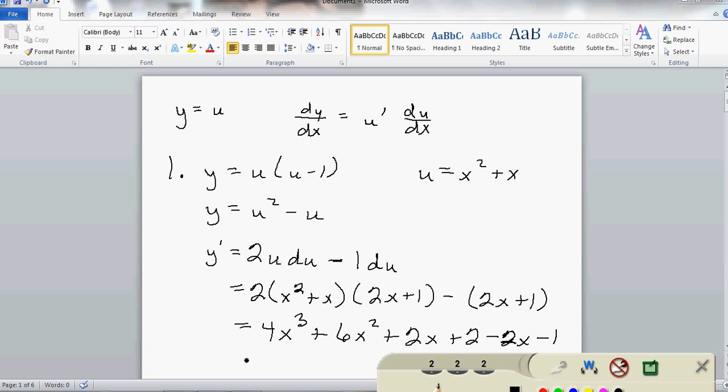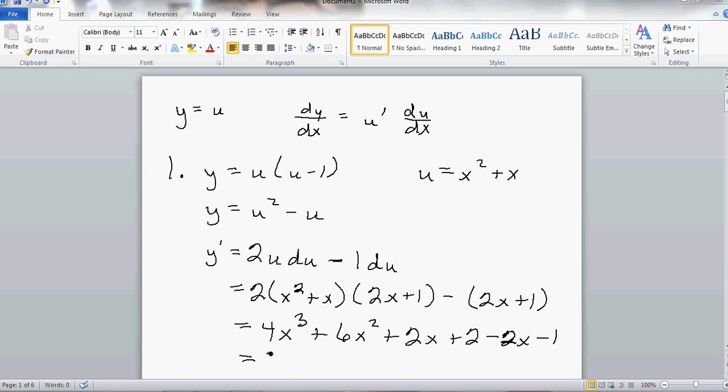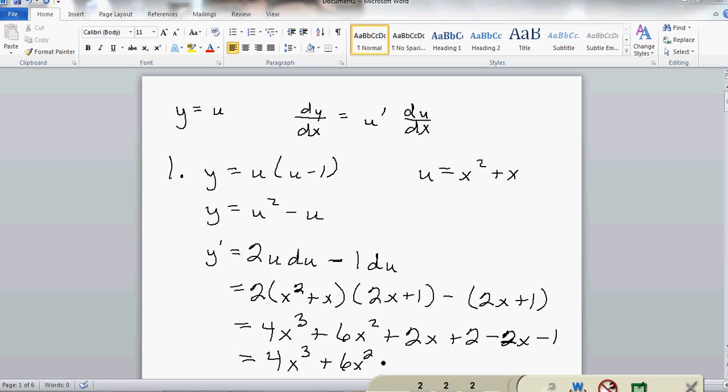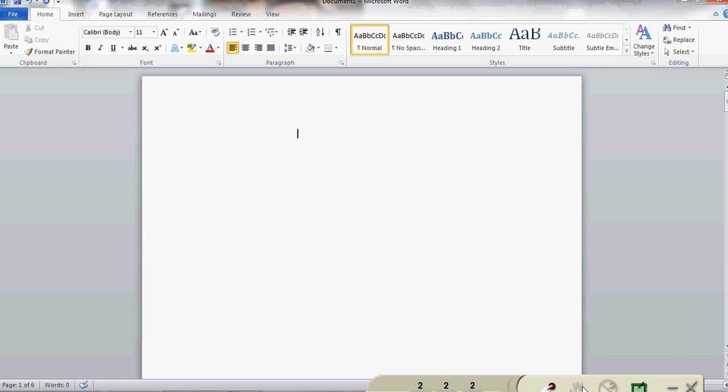Combining all like terms, we get 4x cubed plus 6x squared. Notice that the 2x's cancel each other out, and we're left with plus 1. So our final answer is 4x cubed plus 6x squared plus 1.